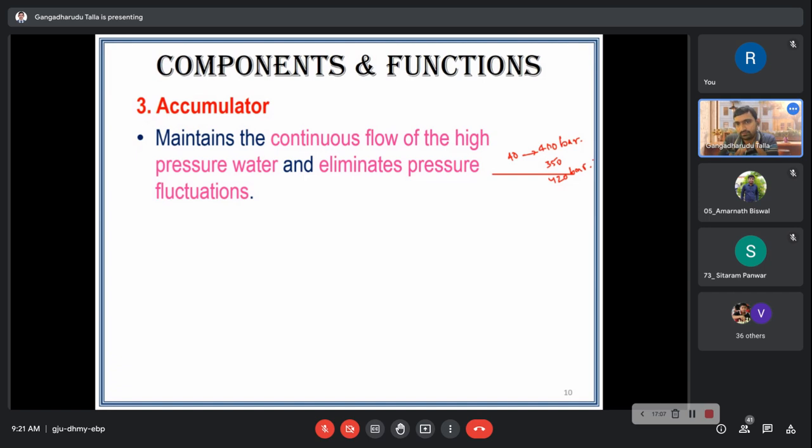Have you got this point? It is acting as a stabilizer. The accumulator is acting as a stabilizer for the high pressure water. So you will get the uniform pressure from the accumulator, not from the intensifier.